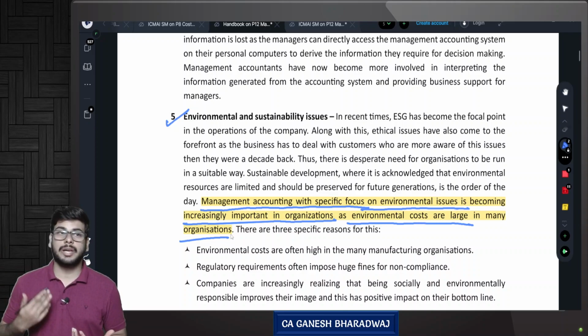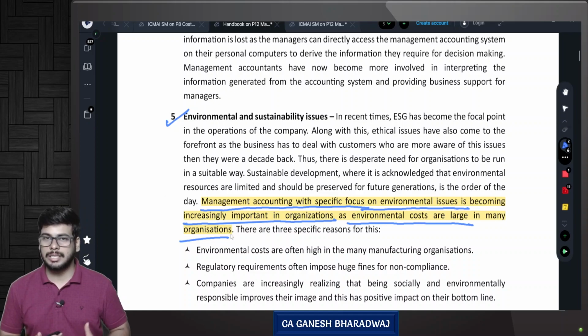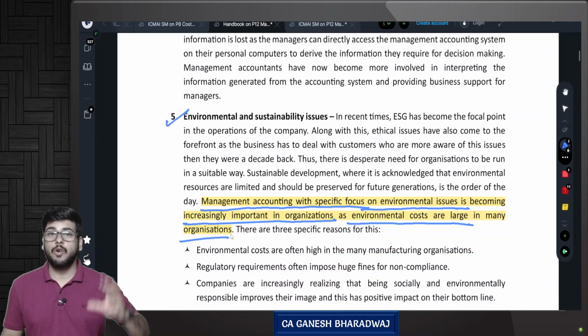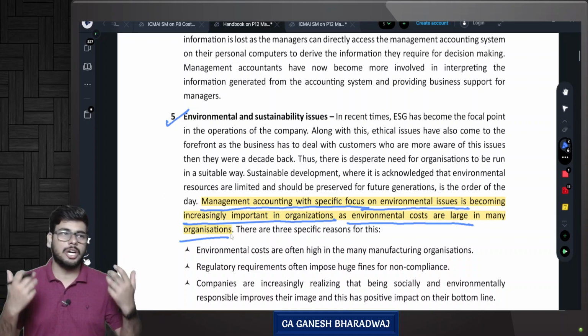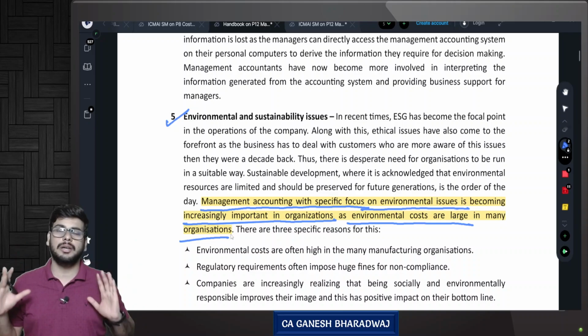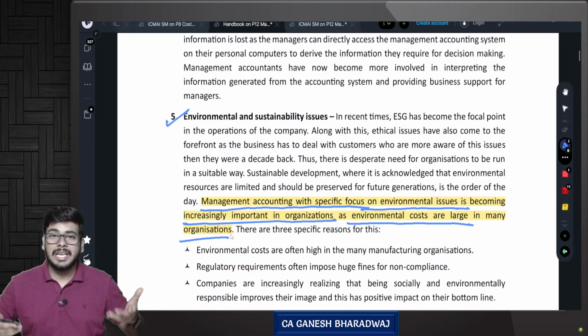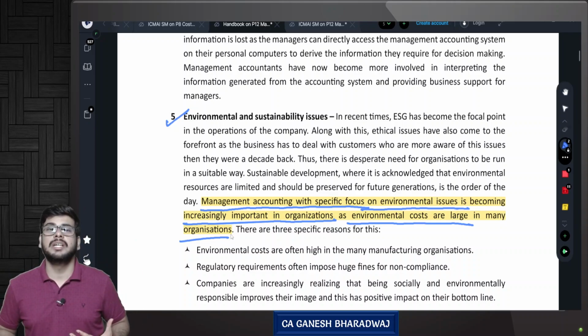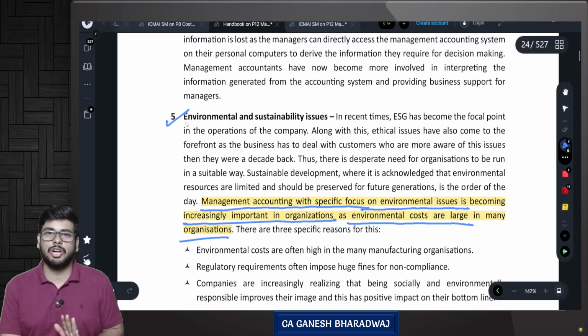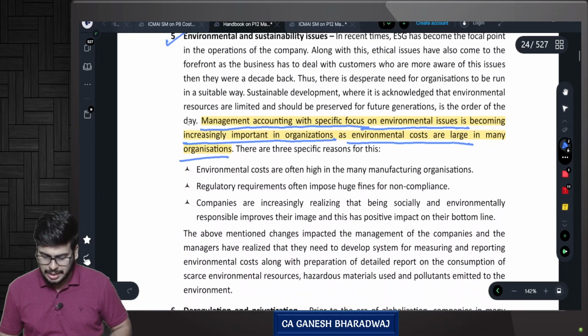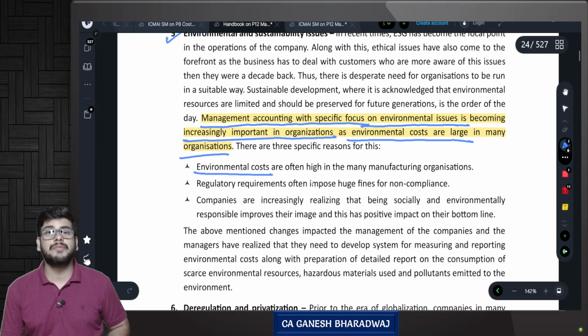But when you get into business, or when you become a part of a bigger organization, you will start understanding how much impact this has on the business itself. You need not be such a nice person to think about the society. Even as businessmen, nowadays people have started becoming more environment conscious, because environmental costs are often very high.